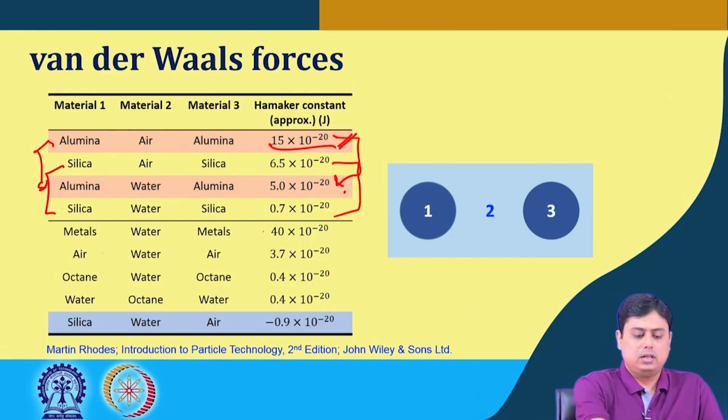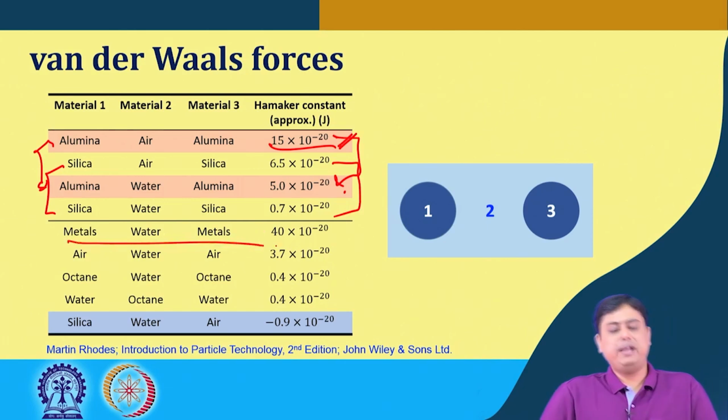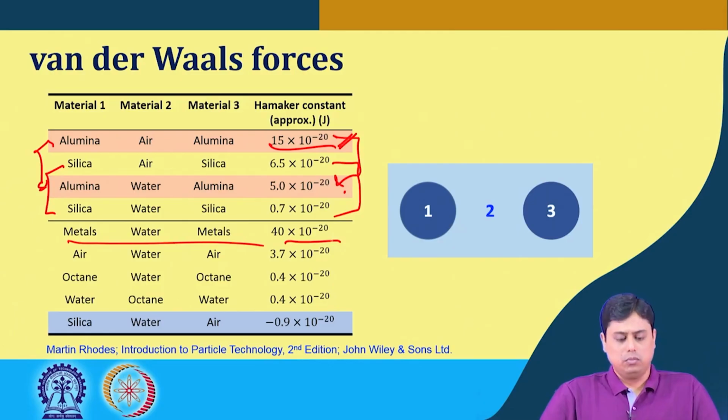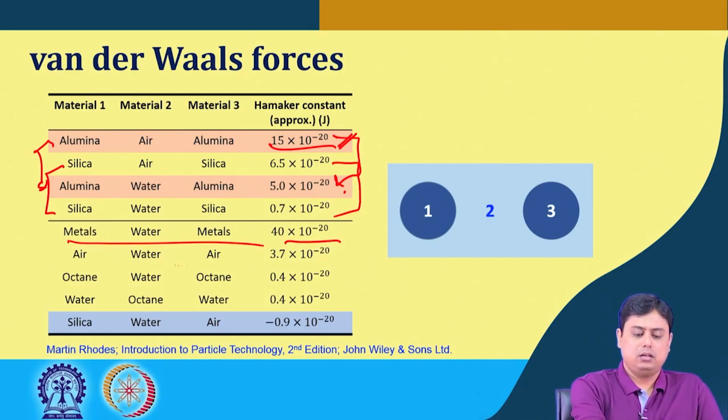So, these metals, when they are in water, have a significantly higher Hamaker constant value, which means they are attractive in nature. These are the air bubbles, say in water.